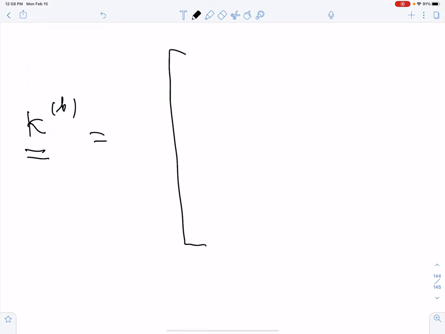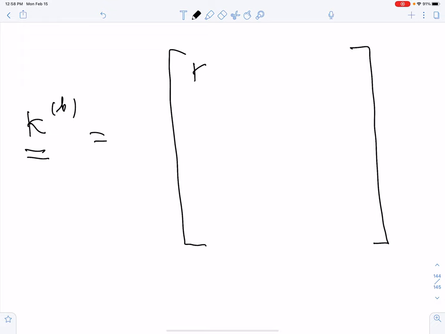Well, you go and you compute now the stiffness matrix for element B, using the procedures that we derived and used in class. You arrive at an expression that looks like this.